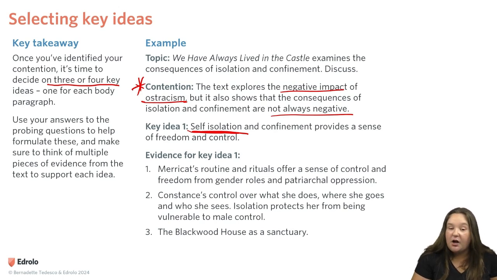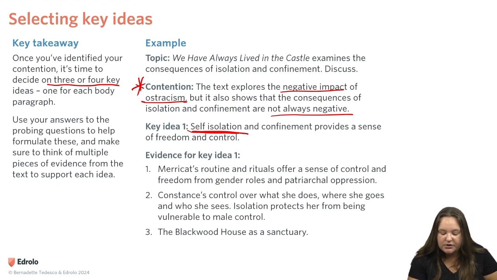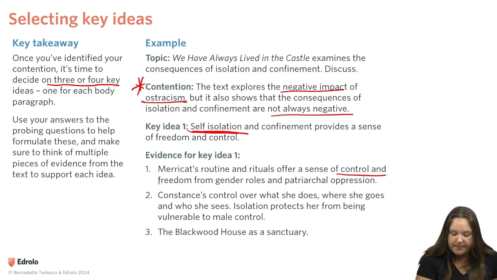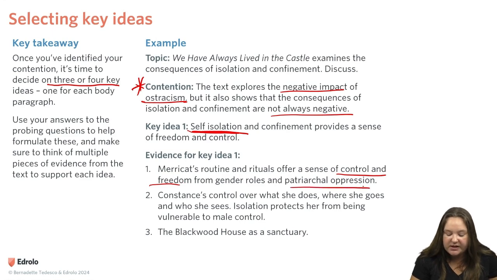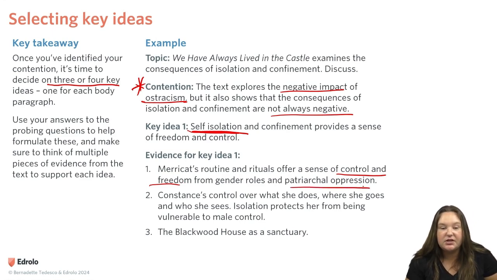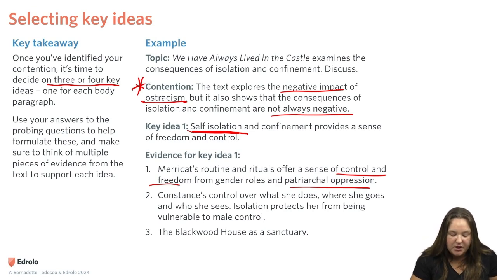And there are a couple of different pieces of evidence that I could use to go with this. For example, Mary Katherine's routine and rituals offer a sense of control and freedom from gender roles and patriarchal oppression. That's one example of her choosing self-isolation in order to have control over her own life. We also have Constance's control over what she does, where she goes, and who she sees.